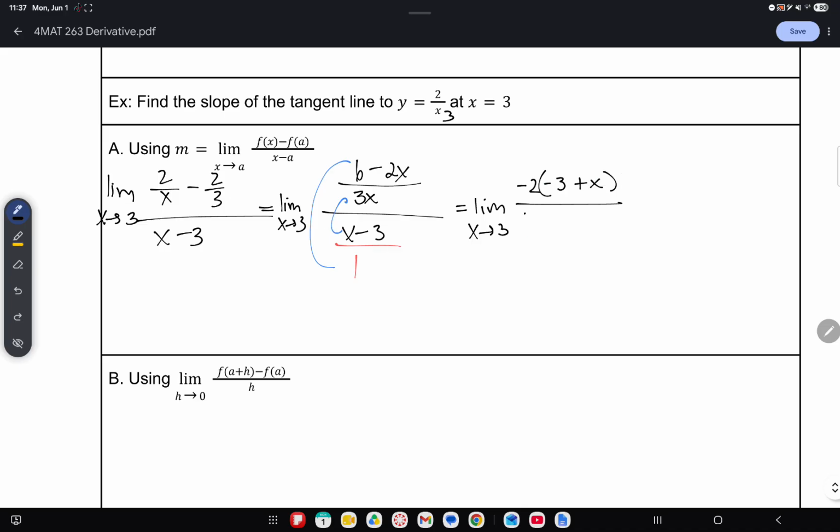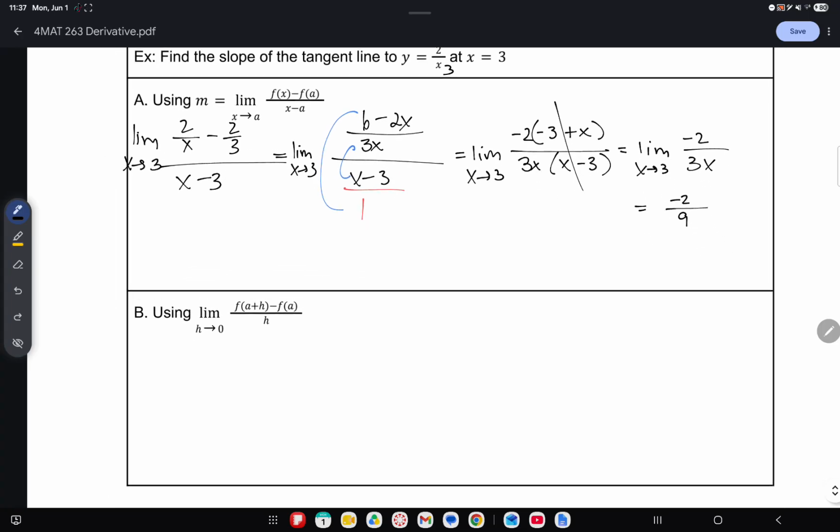And then in the denominator, I've got 3x times x minus 3. I did that because negative 3 plus x is the same as x minus 3, so I can cancel that out. So the limit as x goes to 3 is now negative 2 over 3x. And I can do a direct substitution. So negative 2 over 3 times 3, which is 9.